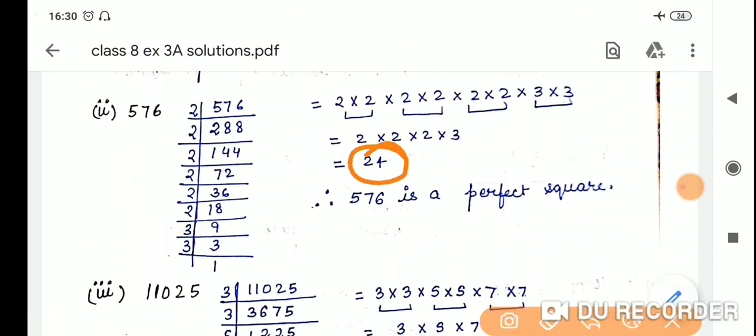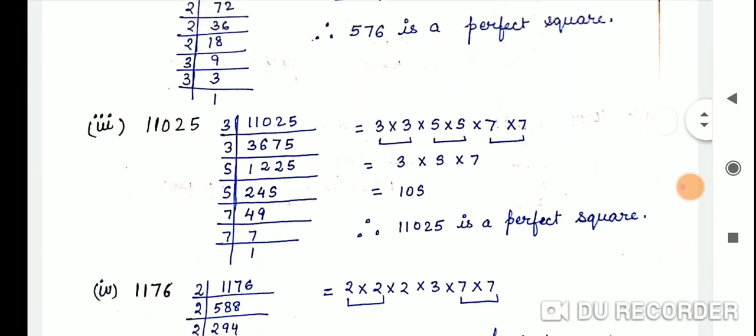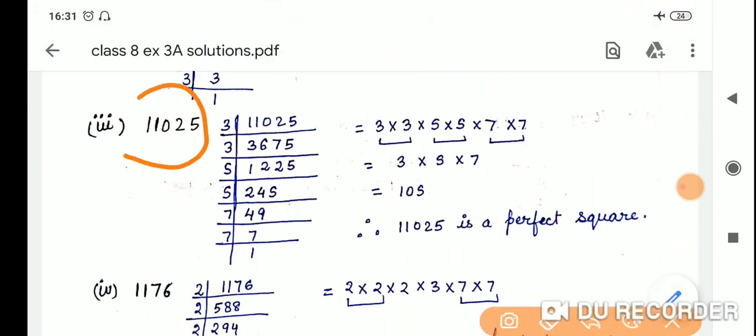Understood? Now coming to the next part, that is 11,025. Okay, so 11,025 is divisible by 3. So 3 6 7 5 times, then again by 3, 1 2 2 5, then by 5, 245 times, then by 5, 49 times, then 7 se gaya 7, and 7 ones are 7. So we write the factors 3 into 3 into 5 into 5 into 7 into 7.